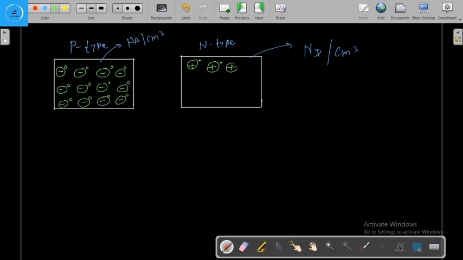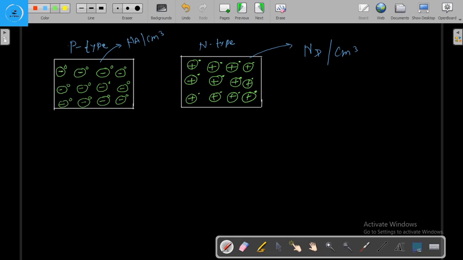As we know, the majority charge carrier for the n-type semiconductor is the electron, and the majority charge carrier for the p-type semiconductor is the hole. So we can also say that in the n-type semiconductor the minority charge carrier is the hole, and in the p-type semiconductor the minority charge carrier is the electron.